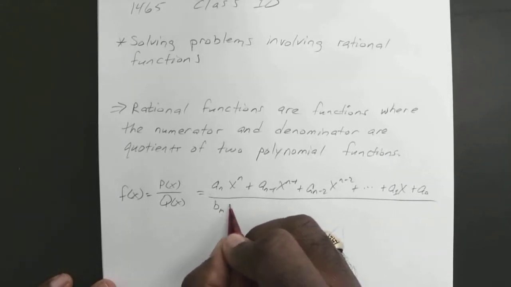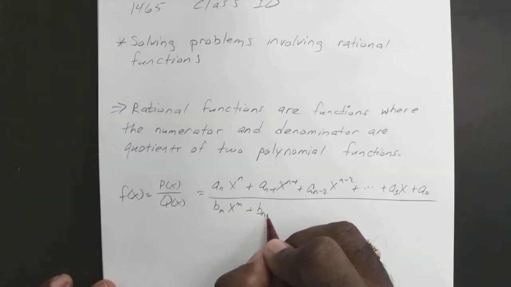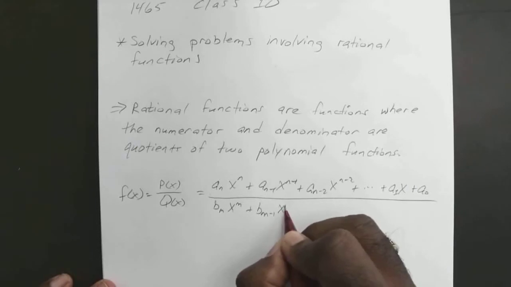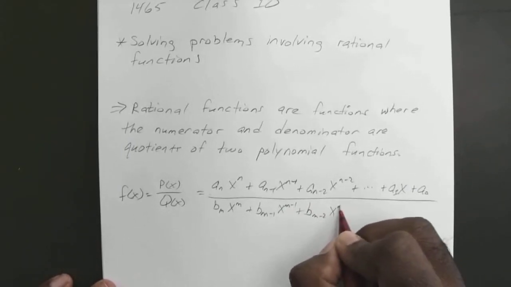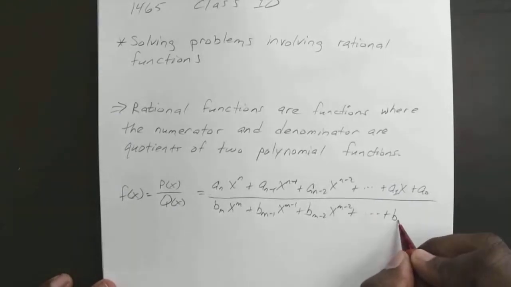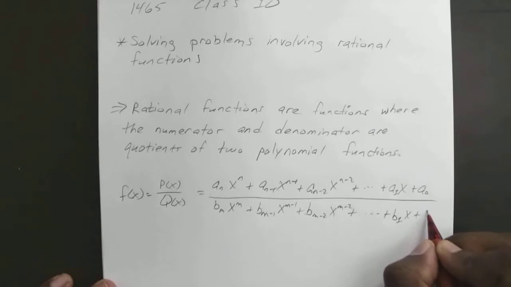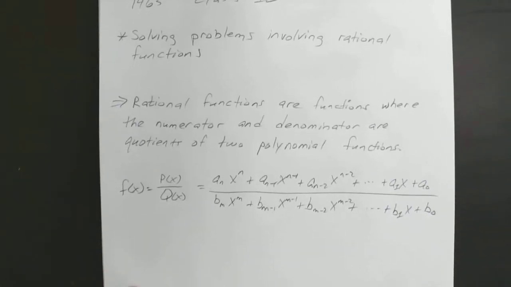We'll call it b sub m. And it goes all the way till you get to your b coefficient and your constant coefficient. Okay. That's kind of just the general definition of a rational function.